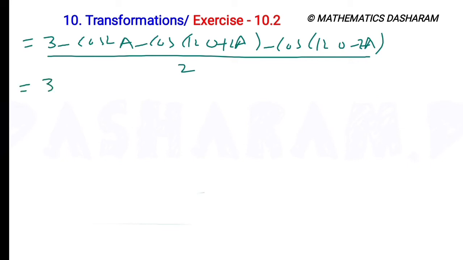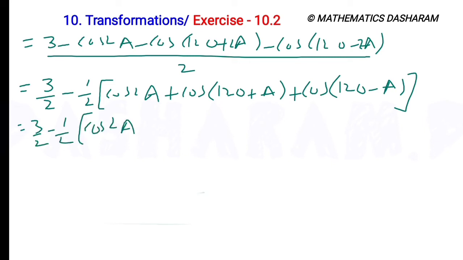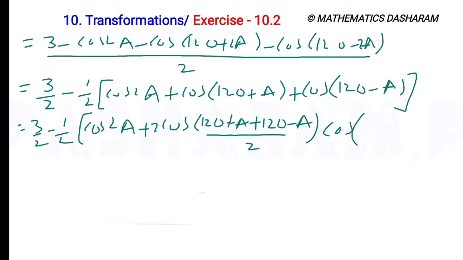So it equals 3/2 minus 1/2 times the bracket of cos 2A + cos(120 + 2A) + cos(120 − 2A), because I am taking minus 1/2 common. Here we use the cos C + cos D formula: 2 cos((C+D)/2) into cos((C−D)/2).